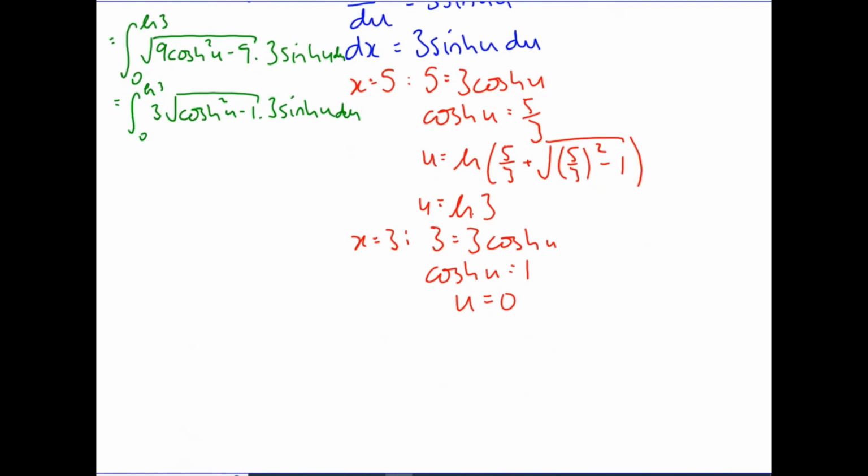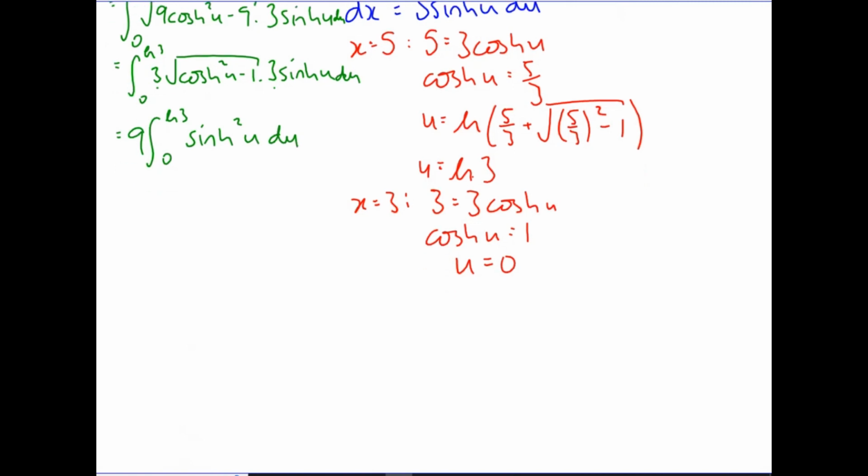Cosh squared minus 1 is sinh squared, and if I square root it that gives me another sinh. I've got 3 times 3, so I'm going to times this to give 9 and pull it out to the front. And so I've got sinh times sinh, so this is sinh squared u du.